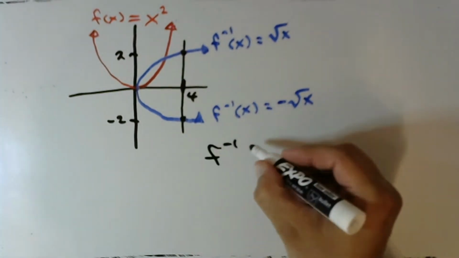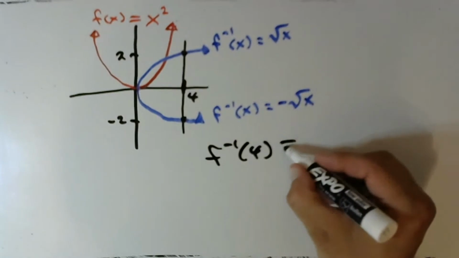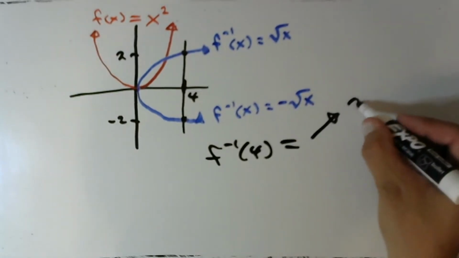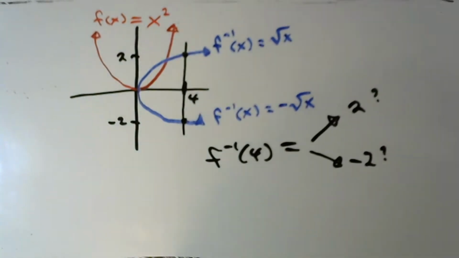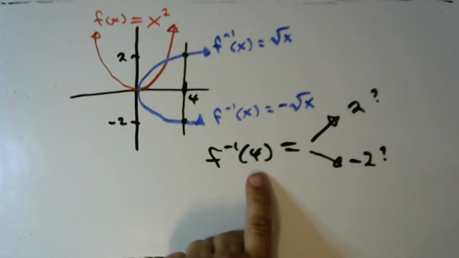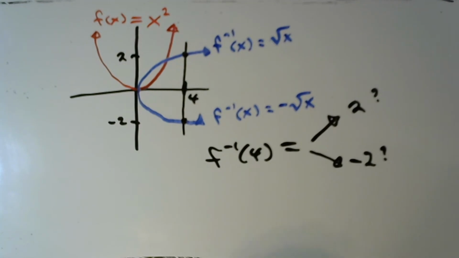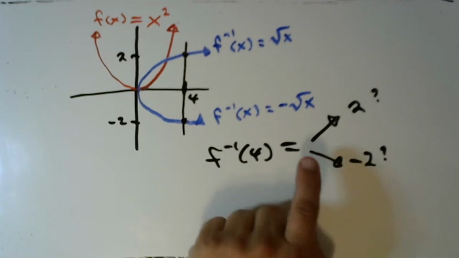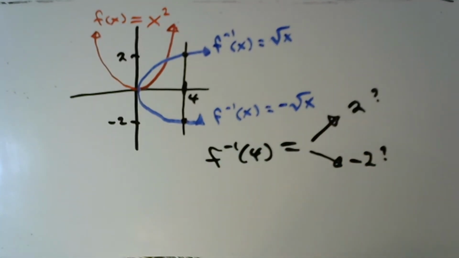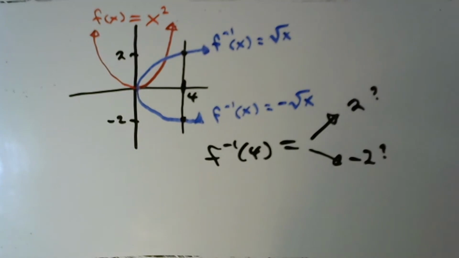In other words, f inverse of 4, what does it equal? 2? Or is it negative 2? The idea of a function is you can't say it equals plus or minus 2. A function, your one input should give you one output. In other words, what you put in, you should be able to know what you're going to get out of it. And here we don't. There's two options. How do we choose between this one or that one? So here, the inverse is not a function.